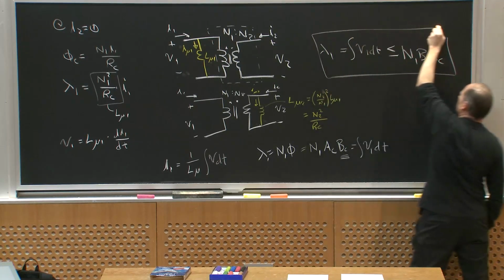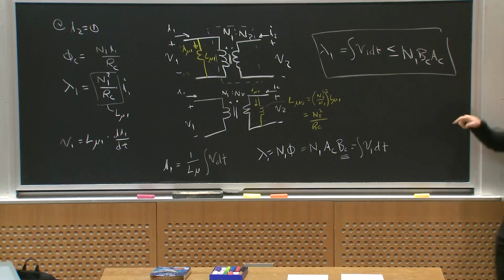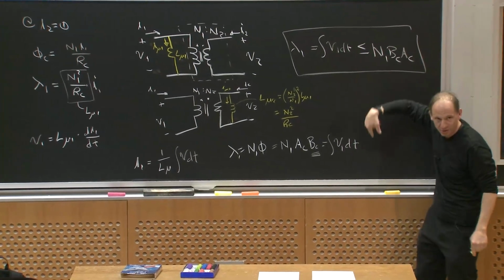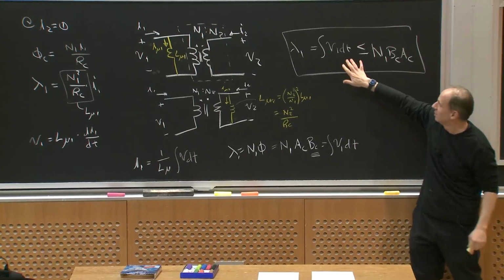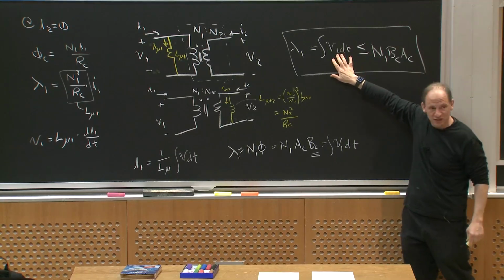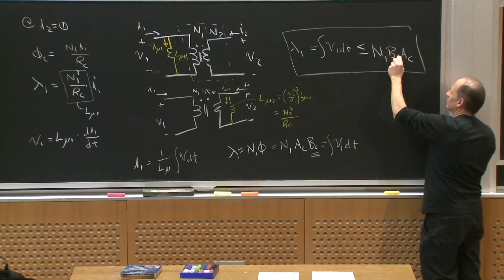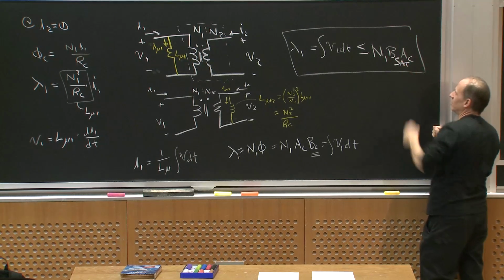And what this means is, if I have a sinusoidal voltage, this integral is going to go up, and then it's going to go down, and then it's going to go negative. There's a limit on the volt-seconds I can apply to the core that's set by this saturation flux density.